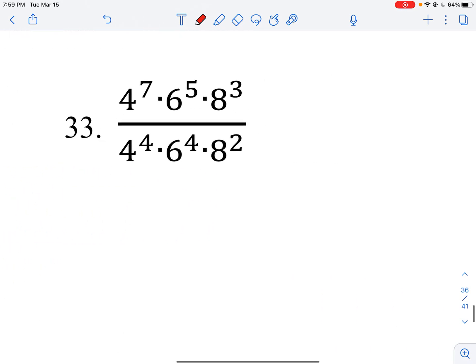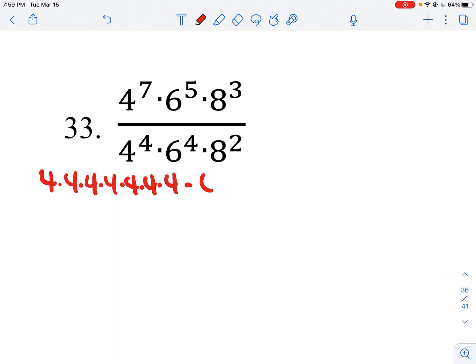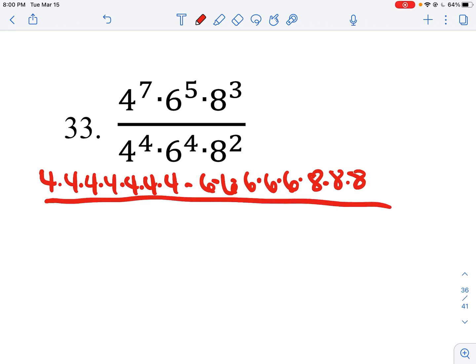This one, 1, 2, 3, 5, 6, 7, 1, 2, 3, 4, 1, 2, 3, 4, 5. I did too many of them. There we go. And then 1, 2, 3 over 1, 2, 3, 4, 1, 2, 3, 4, and 1, 2.